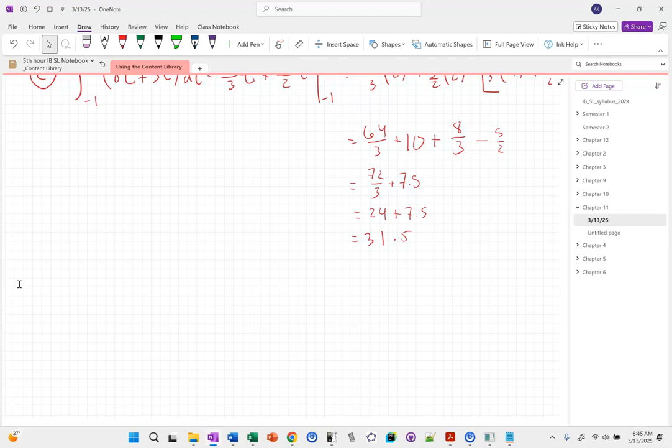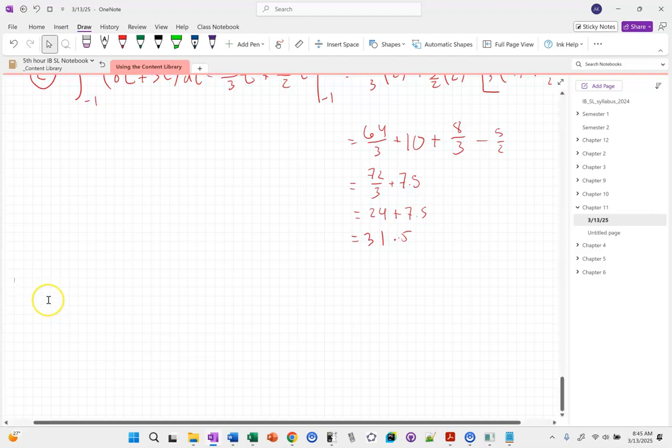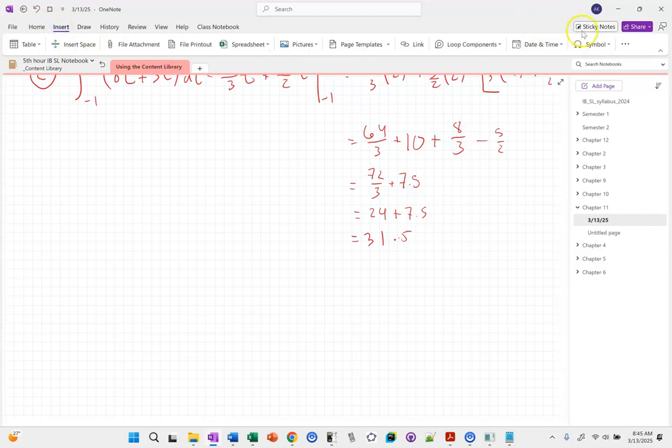So if you see something weird and you don't know how to do the antiderivative of that, if it says use your GDC, you don't have to know how to do it. You just have to get into the calculator and press enter and let the calculator handle it for you. Everybody's okay? I feel like that's a pretty good deal, right?